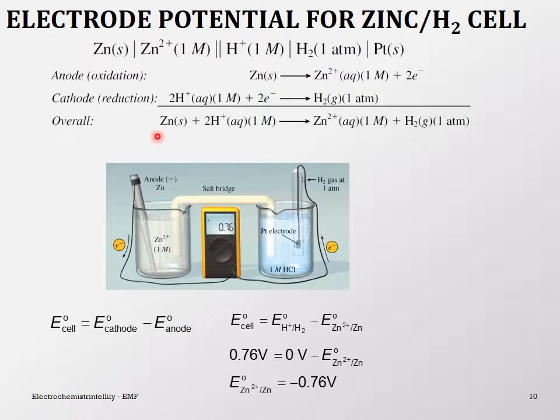So then what happens is you construct your cell. In this case, for example, our anode here is the zinc, and you want to find out what the cell potential is going to be for this cell, where you have zinc metal as your anode and hydrogen as your cathode. So what is going to be your cell potential?